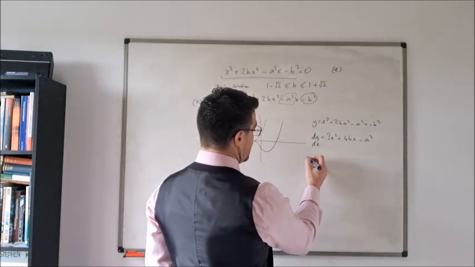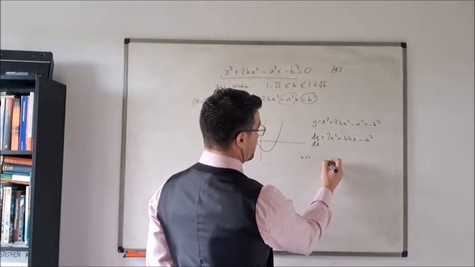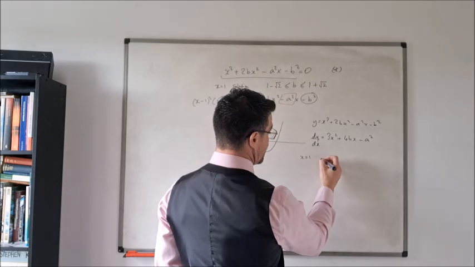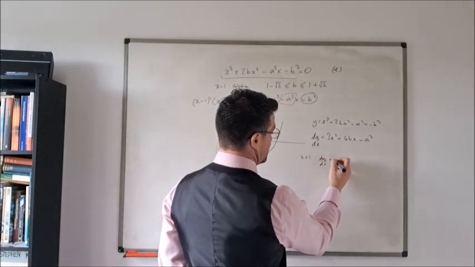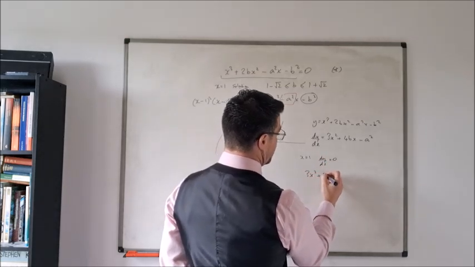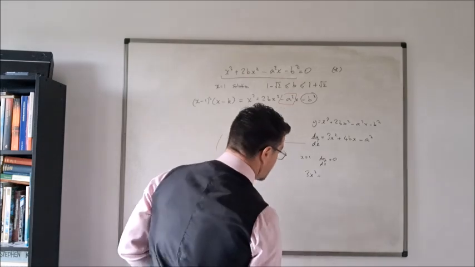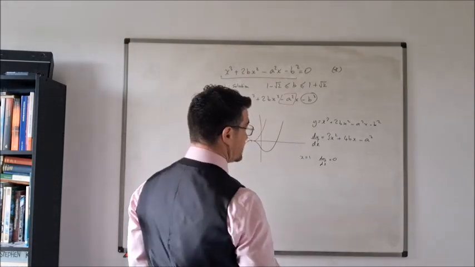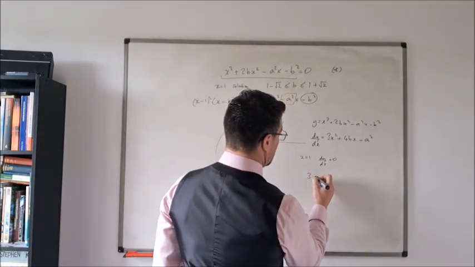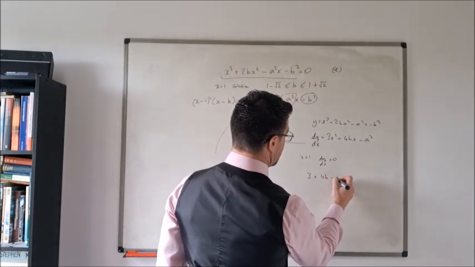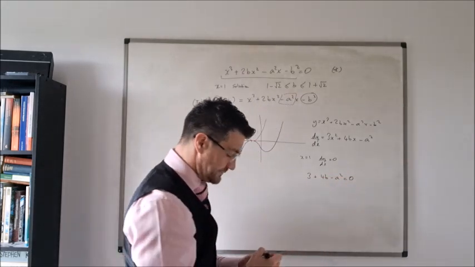So what do we get? When x equals 1, we get dy by dx equals 0. So that means that 3 plus 4b minus a squared must be equal to 0.